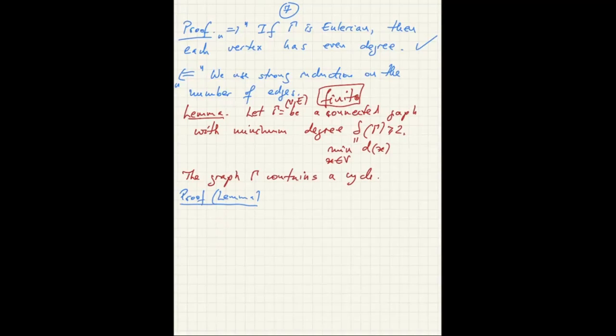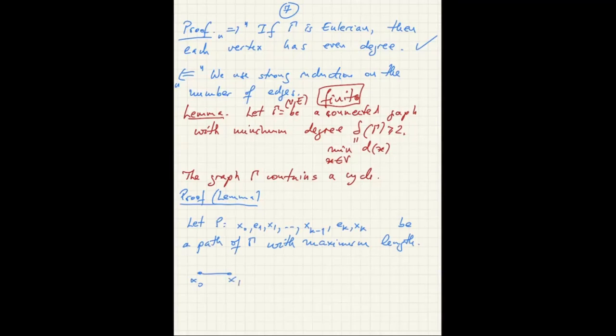What I do is the following: use finiteness. Let P, say x0, e1, x1, all the way up to xk minus 1, ek, xk, be a path of gamma with maximum length. All the paths are finite in the graph.